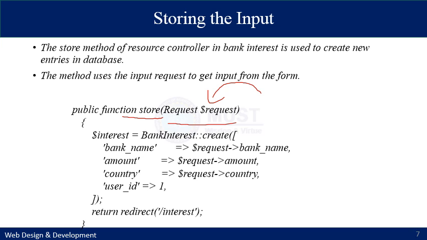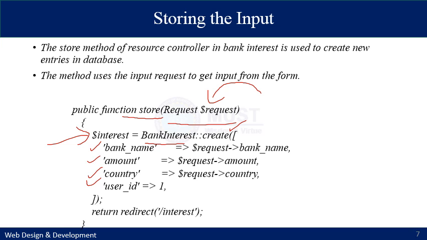So we can create a new interest into the database by providing an object of a bank interest and setting its create method, and we are setting the values of its attributes: bank name, amount, country, and user ID. If you recall from the last lectures where we created the database migrations, we had similar fields in the database.